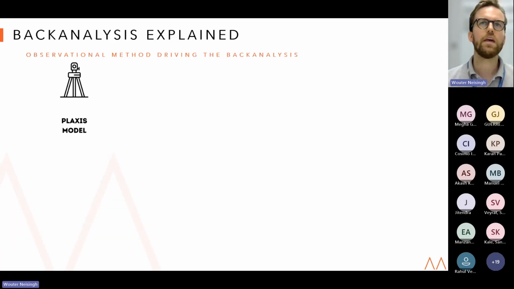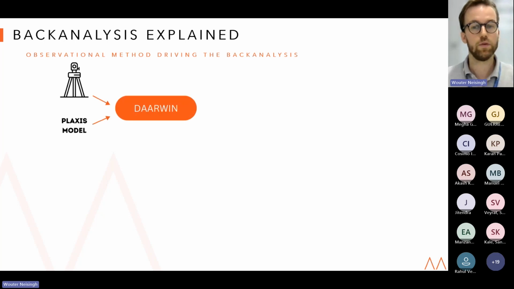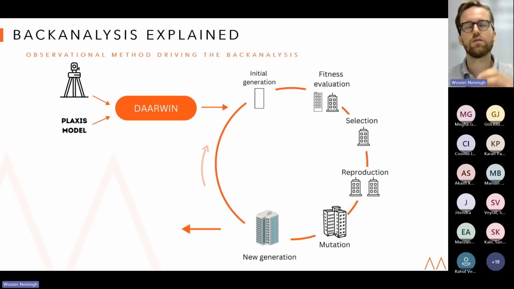So in general, if we take a look at how the back analysis works, you need two things for it. When using it in Daarwin, you need to have a Plaxis model, and you need to have monitoring data, or you need to have design criteria that can give you that same input. You put that into Daarwin, and then you start to generate your initial generation. That means that you start to generate various numerical models, and we compare them with the error that they have compared to, for instance, the monitoring data.